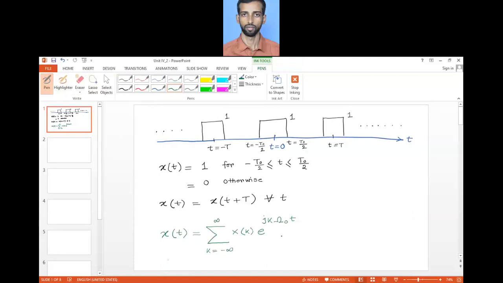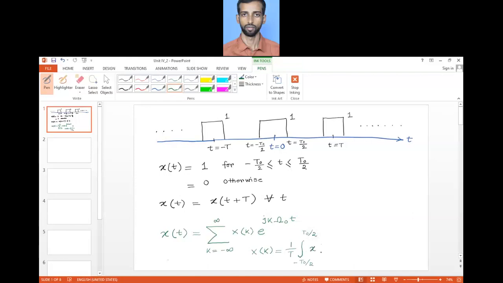This Fourier coefficient x of k can be represented as 1 by T, that is the time period, integration over 1 period. So that integration is over one period. Since here the signal exists from minus T0 by 2 to plus T0 by 2, you can also write it from minus T0 by 2 to plus T0 by 2. This integration has to be calculated over a single period.